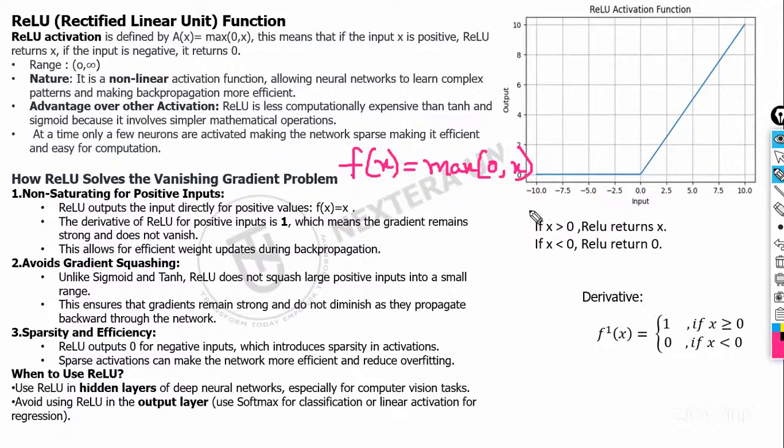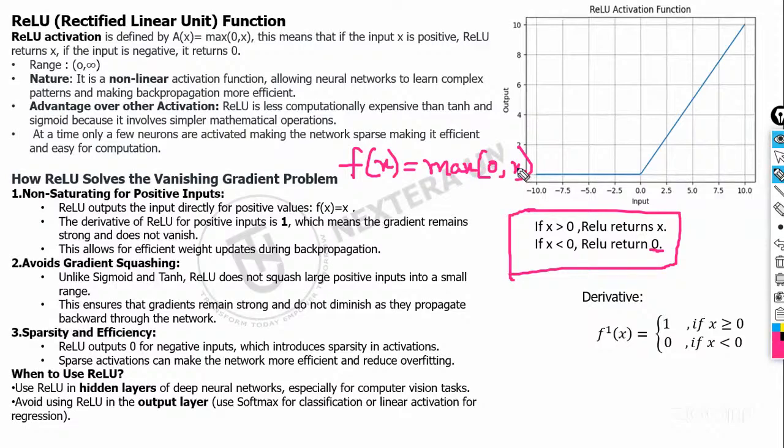Here you see this box. This is important. So this talks about the range of ReLU. If the value of x is less than 0, obviously a negative value, the maximum of 0 comma a negative value will be 0 only, right? What if the x value is greater than 0? Again, 0 comma a value which is greater than 0.